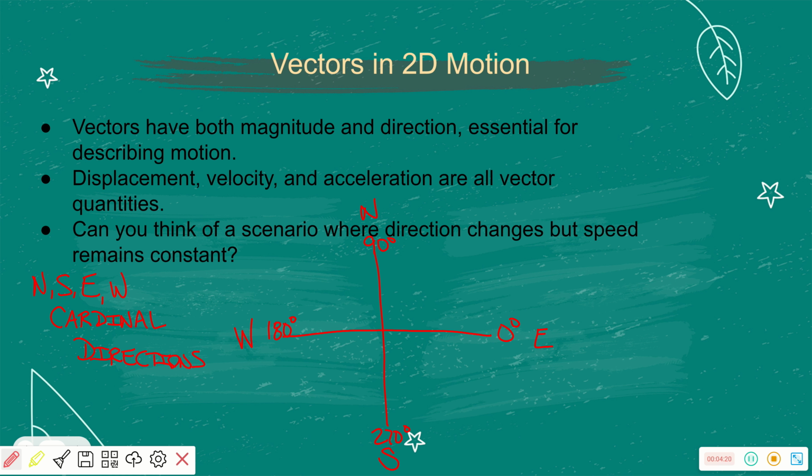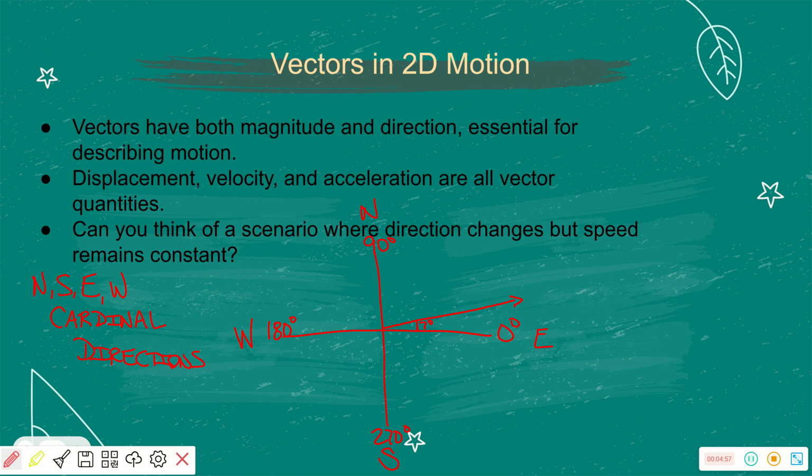So, if I draw a vector here that has a measurement of 17 degrees, what way is that vector moving? Northeast. But is it moving more north or more east? More east.